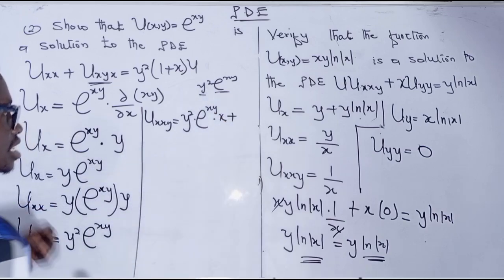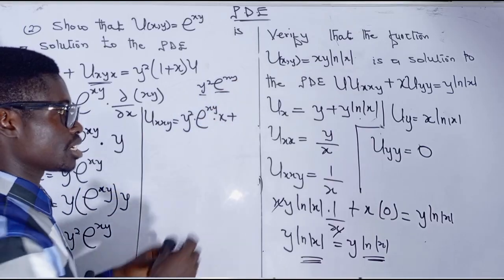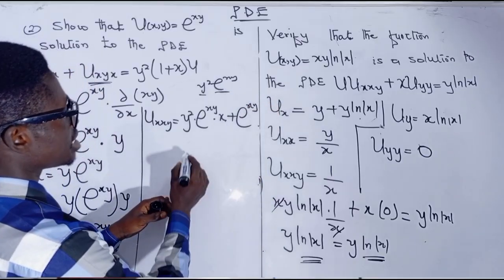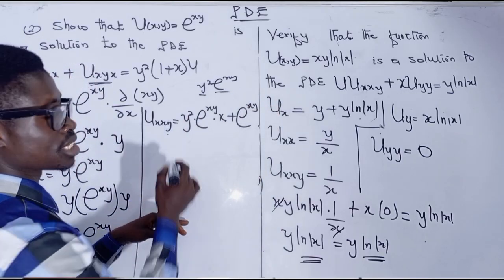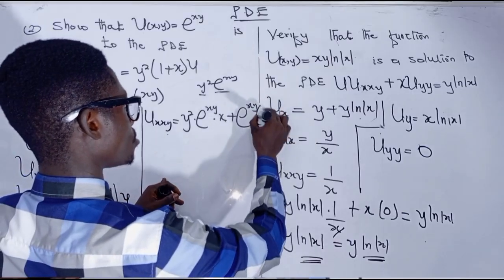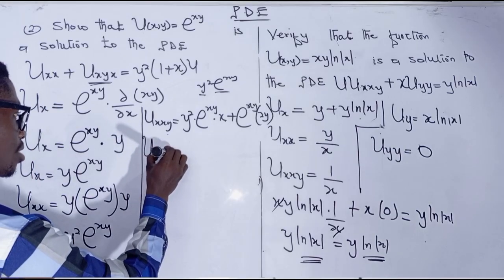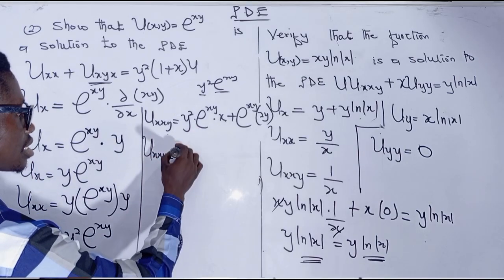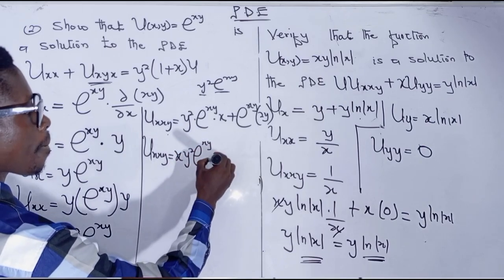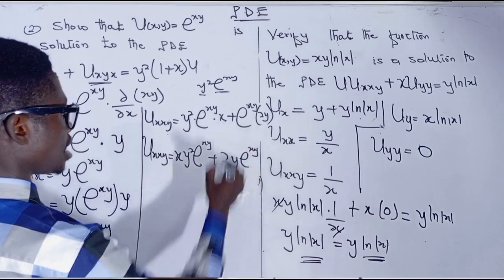Then plus: the first we kept was y squared, so now we keep the second part, e^(xy), and we differentiate y squared with respect to y, which gives us 2y. So u_xxy is equal to x y squared e^(xy) plus 2y e^(xy). So we are done.